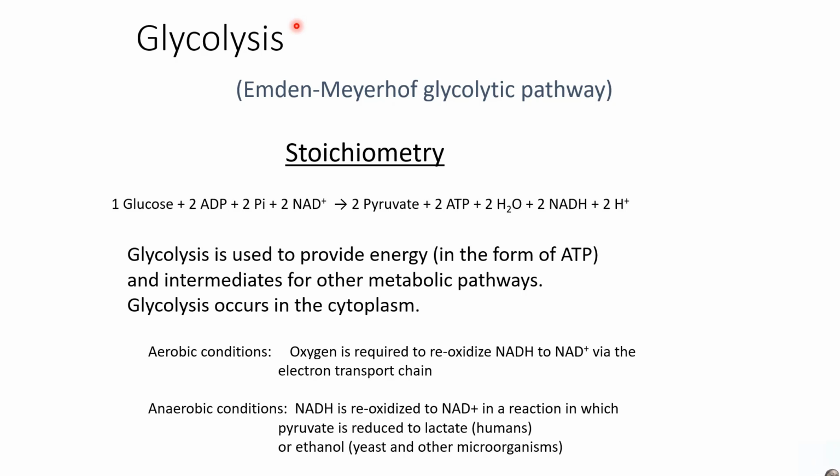Now, when aerobic conditions are available, like oxygen is available, oxygen is required to reoxidize NADH to NAD plus via the ETC, electron transport chain in the mitochondria, right? But when anaerobic conditions are present, NADH is reoxidized to NAD plus in a reaction in which pyruvate is reduced to lactate in humans, lactic acid fermentation, or ethanol, alcoholic fermentation in the case of yeast and other microorganisms.